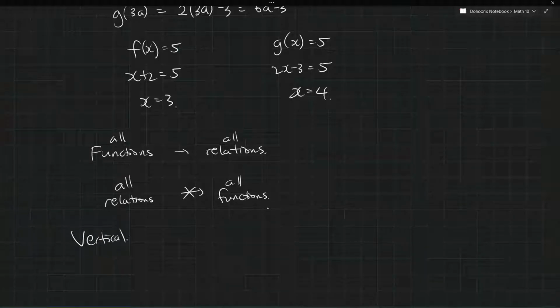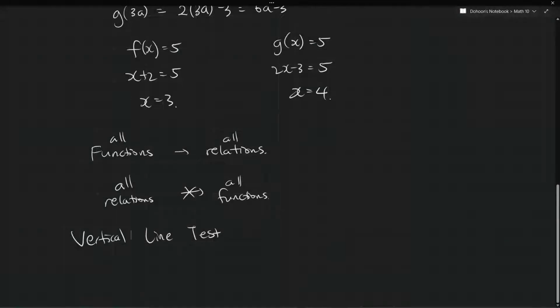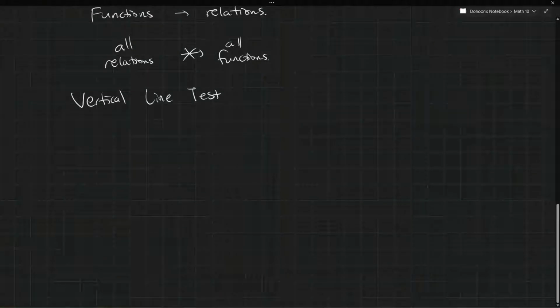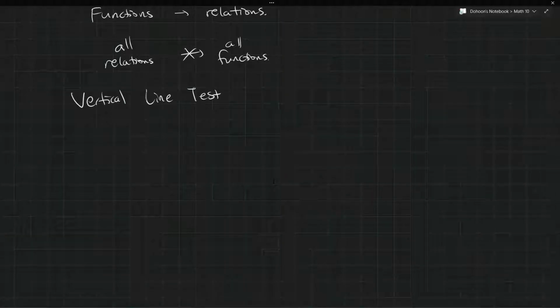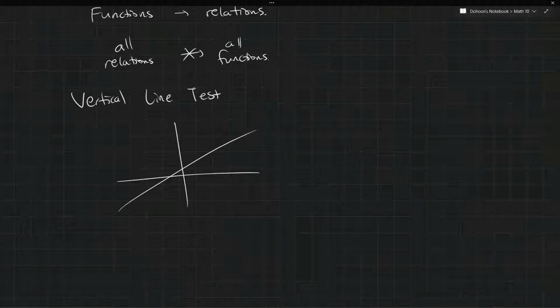We will learn how to graph a relation later, so let's just use the graph and see how it goes. Given the graph, let's say something like that. We can perform the vertical line test by moving a vertical line through the graph. You can use a pencil or finger or anything.